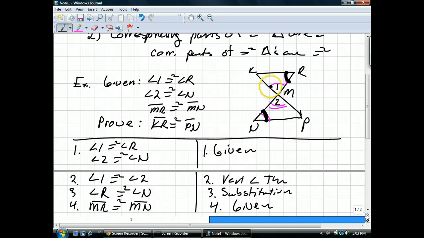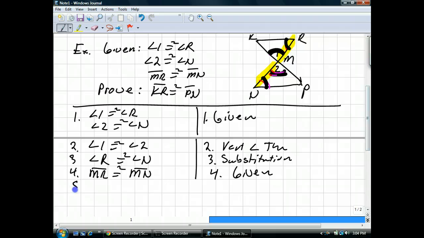I have this angle congruent to this angle. And I know that this side is congruent to this side. So I have two angles and the included side of one triangle, and two angles and the included side of the other triangle congruent. So therefore I can say that the triangles are congruent.